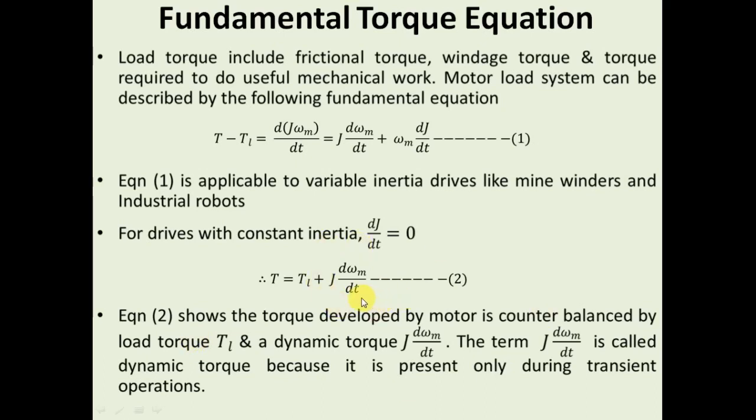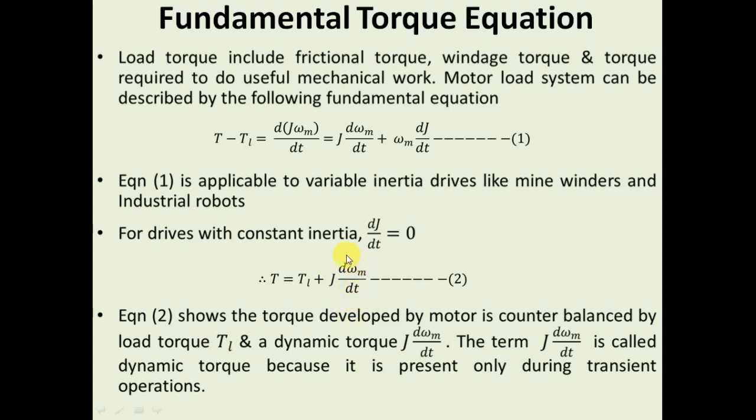It is very clear that the system which we are going to consider is a constant inertia drive. As we have mentioned before, in this relation T indicates the motor developed torque, T suffix small l represents the load torque, and J d omega m by dt indicates the dynamic torque. This is actually a transient component.